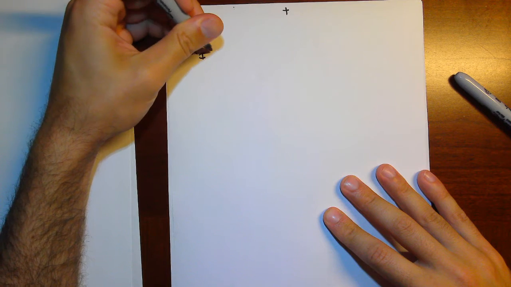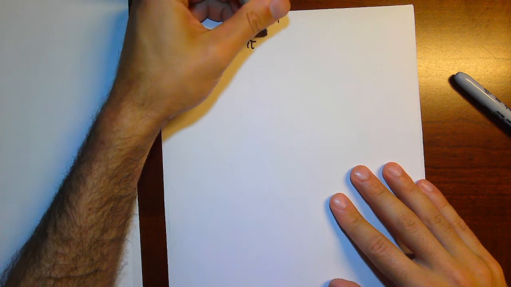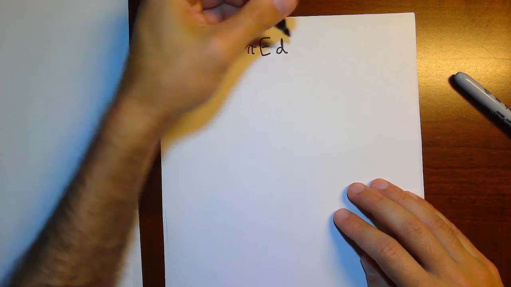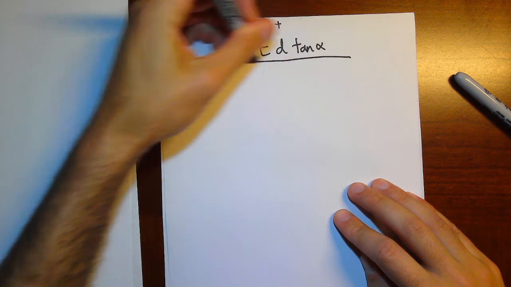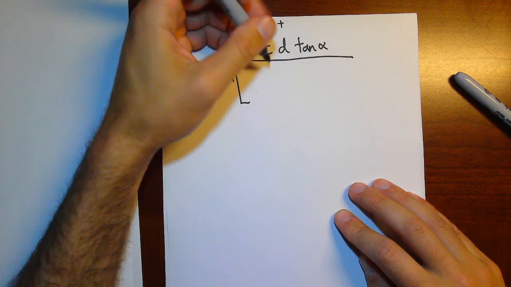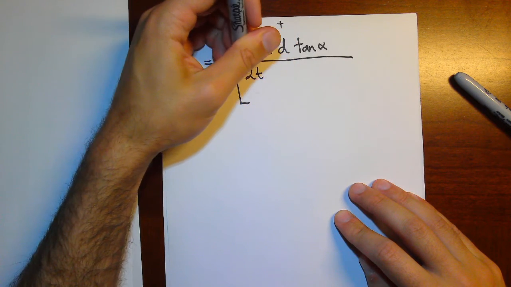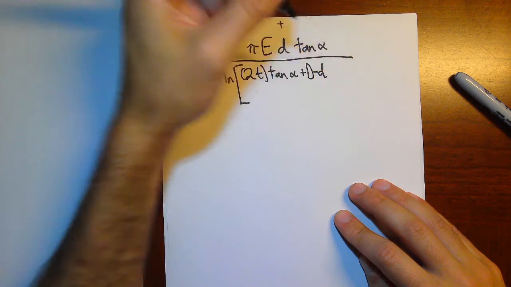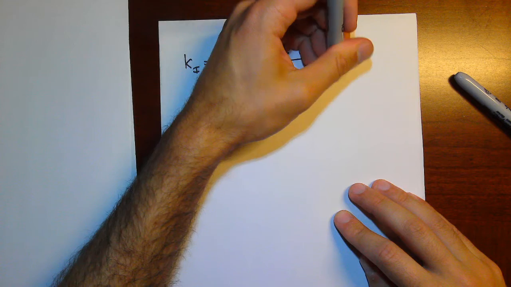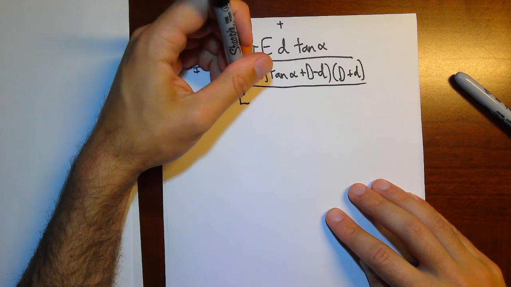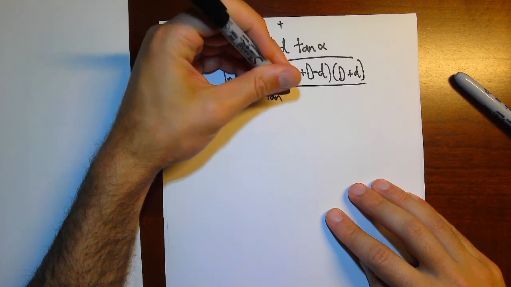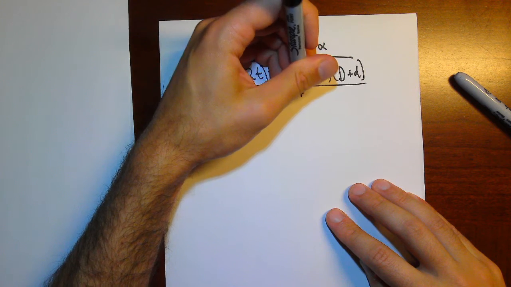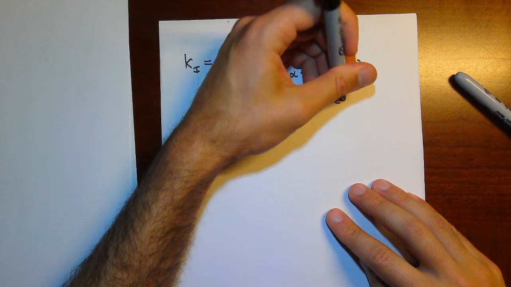All right, so if I look at the general form of the equation for member stiffness, it is K1 equals pi times the elastic modulus of the section, d times alpha, over natural log of [(2t and alpha plus cap D minus lowercase d) times (cap D plus small d)] over [(2t and alpha plus cap D plus small d) times (cap D minus small d)].